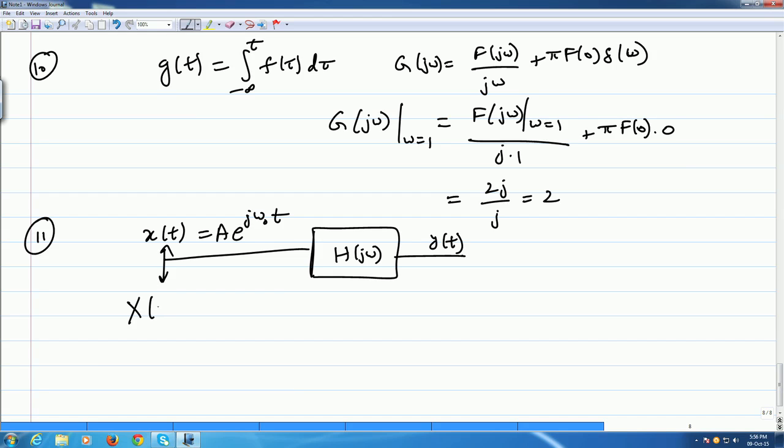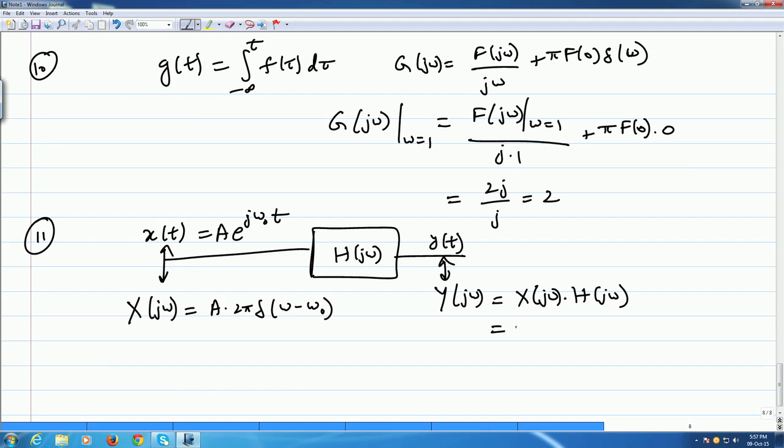So, if you look at the Fourier transform, x of j omega is basically a times 2 pi delta omega minus omega naught. So, y of j omega, which is the Fourier transform of y of t, is simply x of j omega times h of j omega, because this is a LTI system, and that is a times 2 pi times delta of omega minus omega naught times h of j omega.